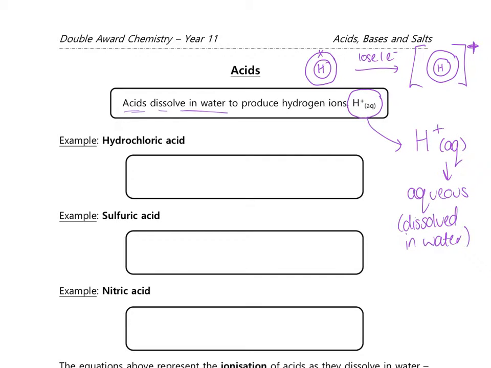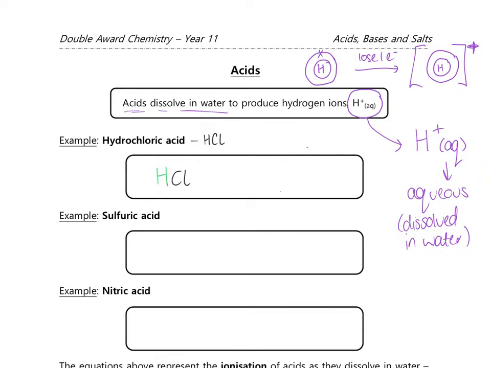So we're going to look at a couple of formulas of some common acids, and you actually need to know these formulas. So first of all, we've got hydrochloric acid, which has the formula of HCl. So let's have a look at what happens when hydrochloric acid dissolves in water. So I'm going to do my hydrogen in a different colour to make it stand out.